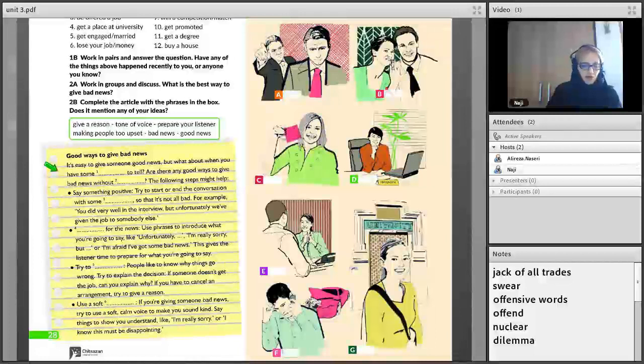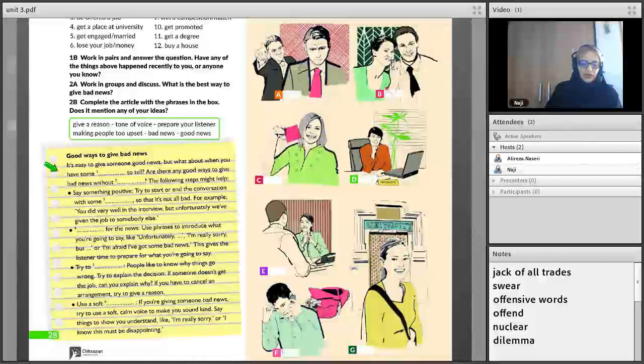Okay, let's go on. Try to give a reason. People like to know why things go wrong. Try to explain the decision. If someone doesn't get the job, can you explain why? If you have to cancel an arrangement, try to give a reason. So give some explanations, give some reasons, and try to convince that person.